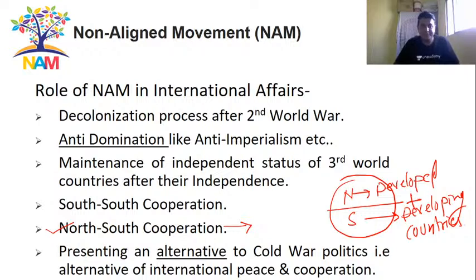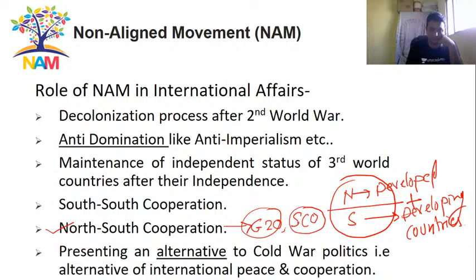Yes, Ashwini said G20. Okay. Can we say SCO?